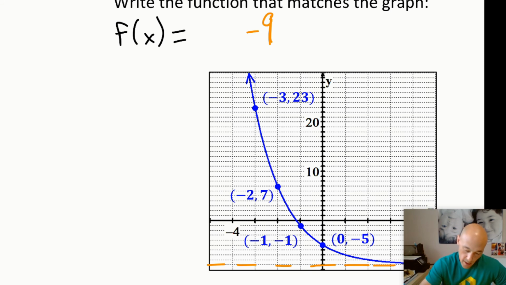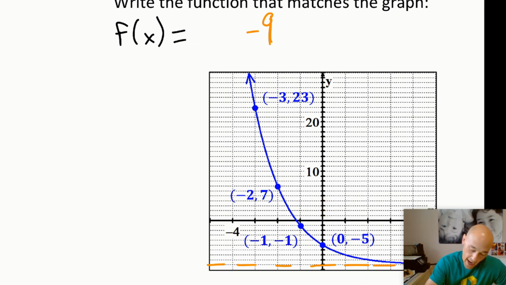And now I think, okay, well, what if I moved that horizontal asymptote? What if it was up here at y = 0? Then this point would be 1, 2, 3, 4 units above it. So the y value would be at 4.